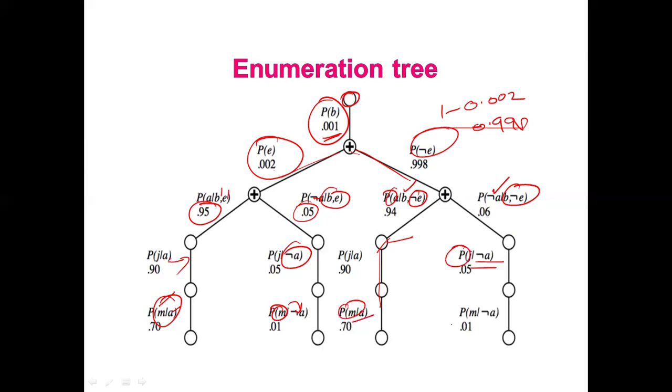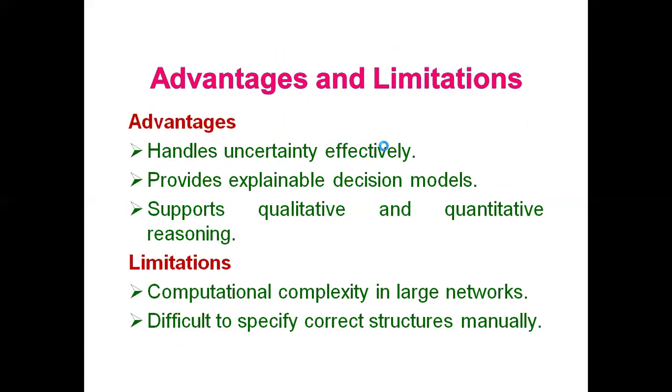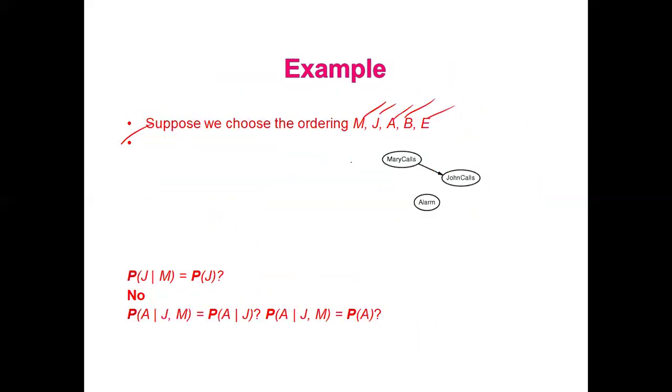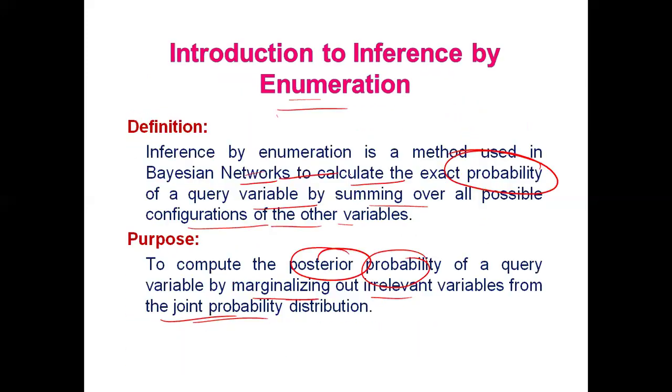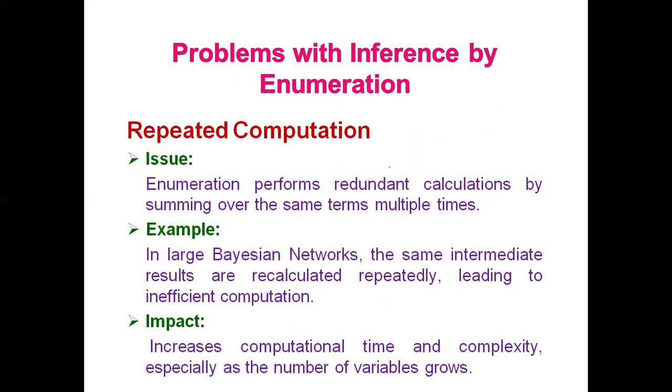Mary calls if alarm rings. Mary calls alarm not rings. So in this way, we will draw the enumeration tree by making use of the given example problem. Any example problem given, you can draw the enumeration tree. So in this case, Mary calls, John calls, earthquake had happened, earthquake not had happened.